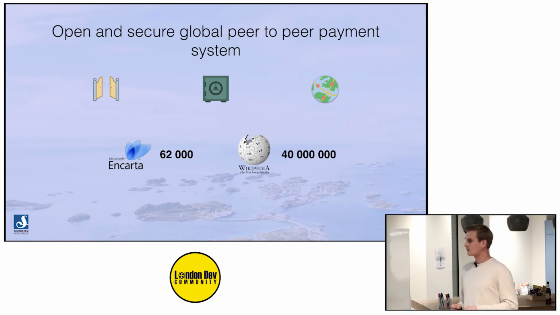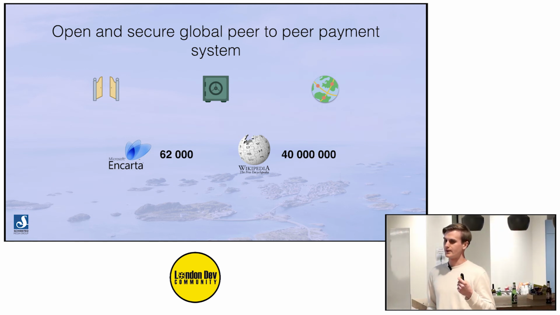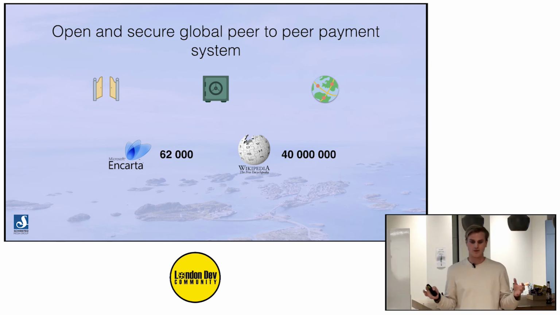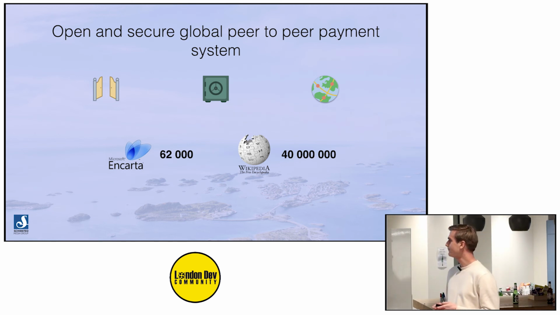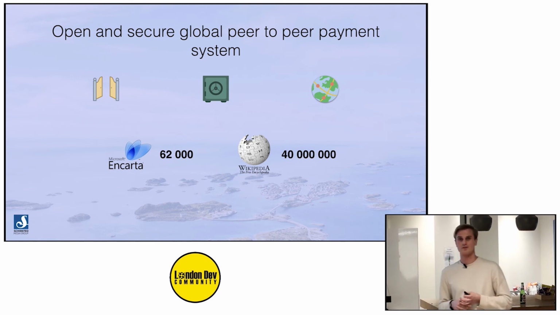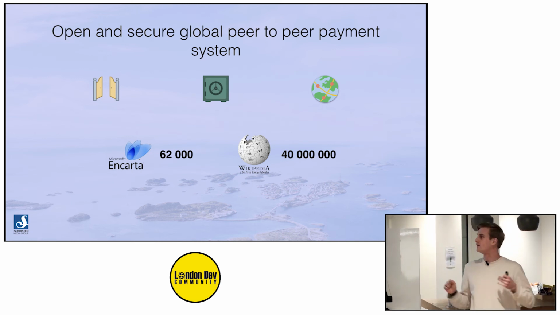I like to use this analogy for what I think open means here. Microsoft Encarta was an encyclopedia done by Microsoft. It cost about $400 a year, and it had 62,000 articles. So that's great.